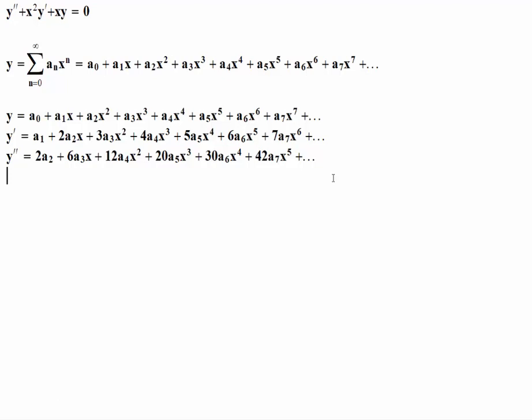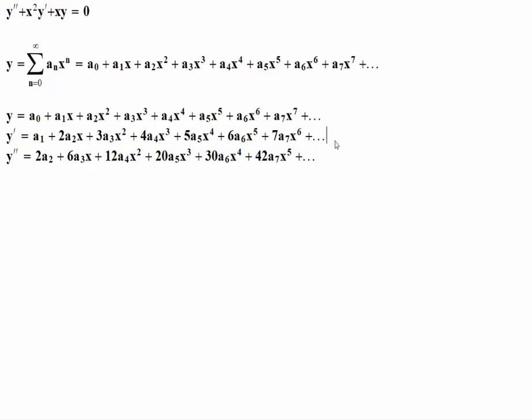Now we are just going to do a little algebra, because you can see y double prime, when we substitute here, we will substitute as it is. Then with y prime, we shall multiply y prime by x square, as we have in the equation.